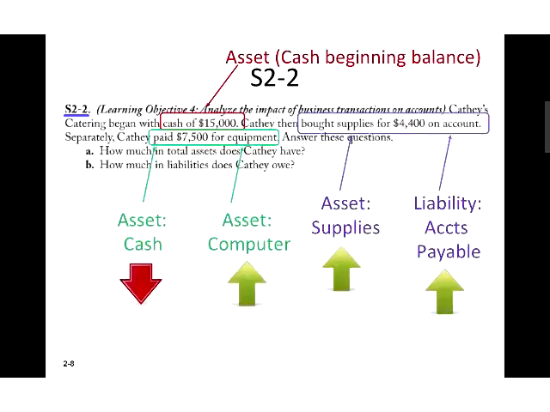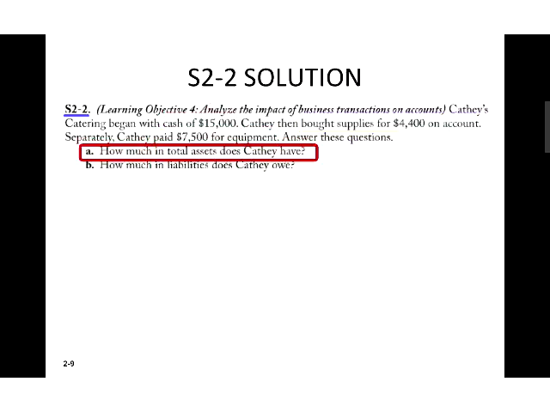We see cash of $15,000 is our starting balance. Then asset supplies go up by $4,400. Then cash goes down $7,500, and assets go back up for the computer. So assets can go up and down in the same transaction if we buy a computer for cash. So let's go to this question: how much in total assets do they have?